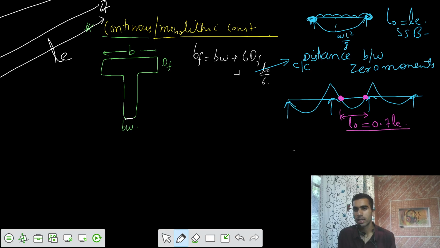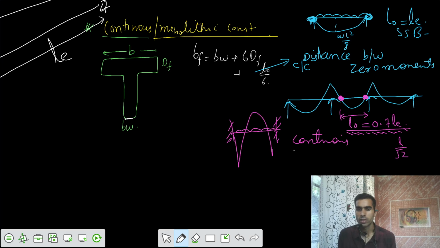You have studied that for columns also, where we have the derivation of effective length L by root 2, that's why 0.7. So L naught equals 0.7 L effective for the continuous system. The same value we take for the fixed beam. We have this variation for the UDL, so here also 0.7 L.